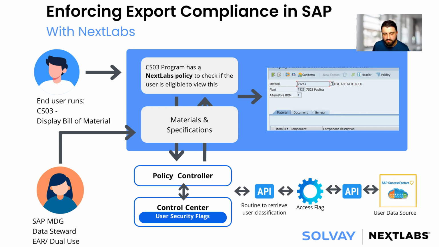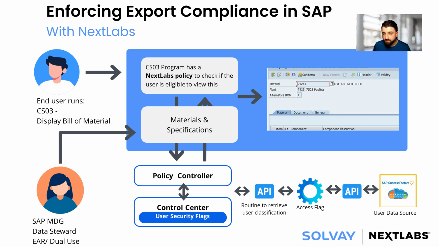So when the user is running CS03 and trying to access a bill of material, what's going to happen? There's going to be first a check on the materials, to understand if this bill of material is from a controlled product or not. So we have all the information here about the level of classification of each material according to the export compliance regulations.